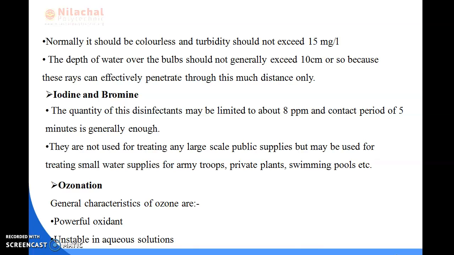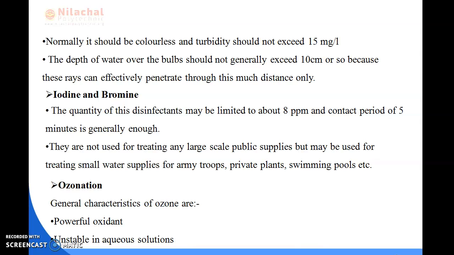As all of us know, the water is colorless and the turbidity should not exceed 15 mg per liter, and the depth of the water over the bulb should generally not exceed 10 cm or so, because these rays can effectively penetrate only this much distance.